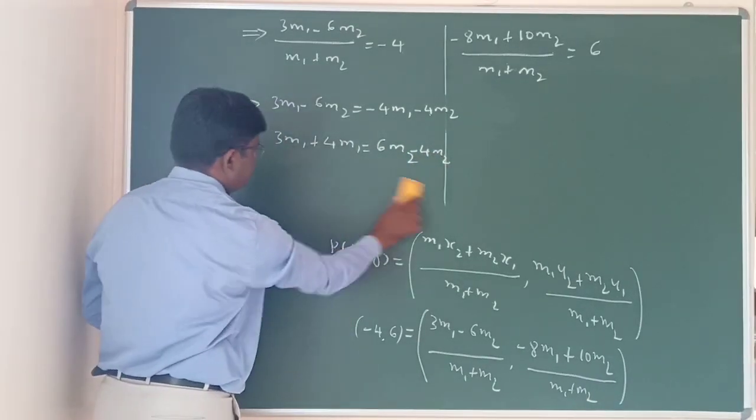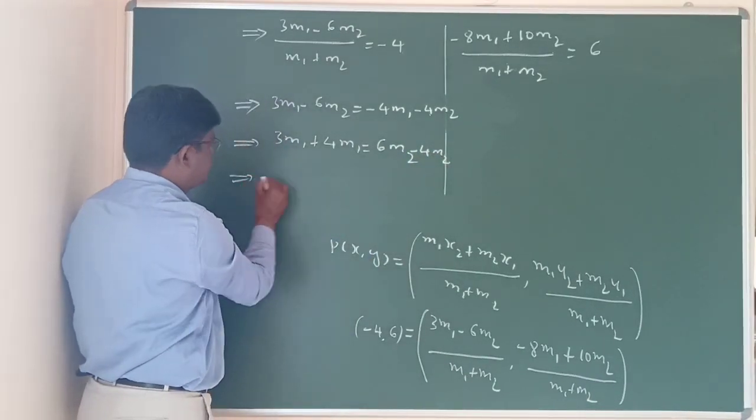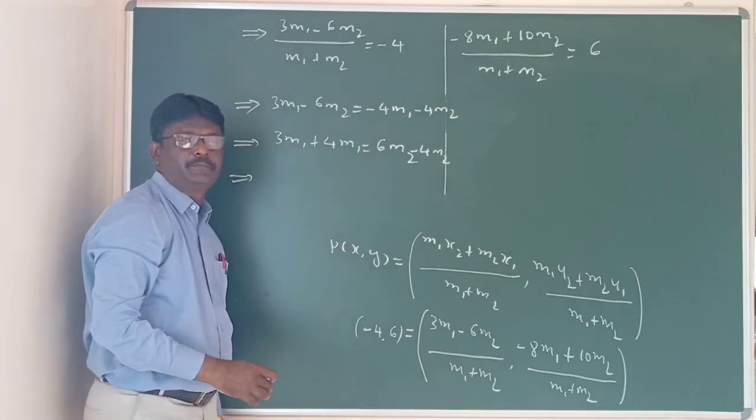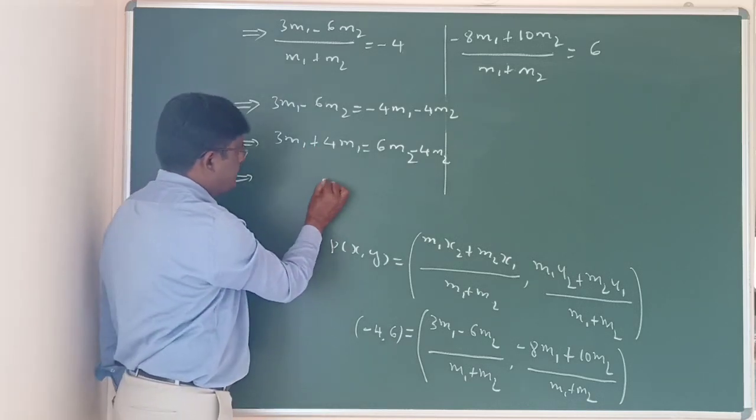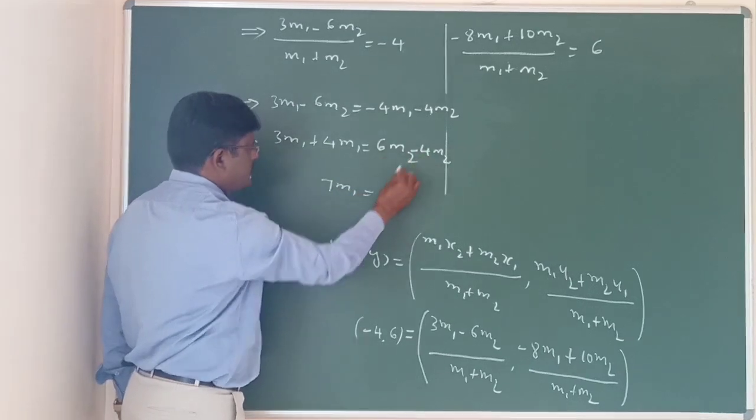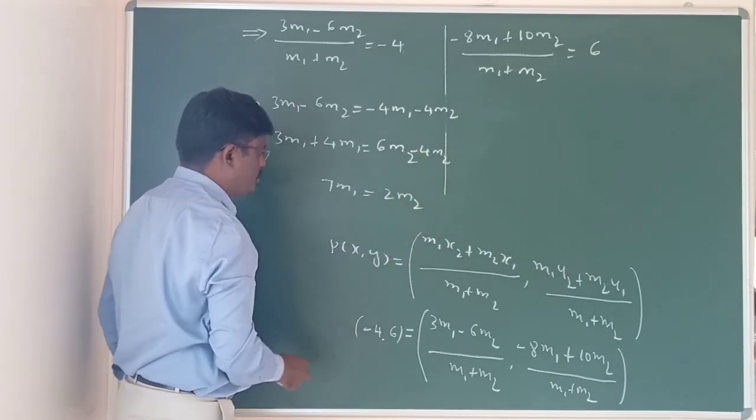So this implies 3 plus 4, children, what is 3 plus 4? 7m1. 6 minus 4, 2m2.